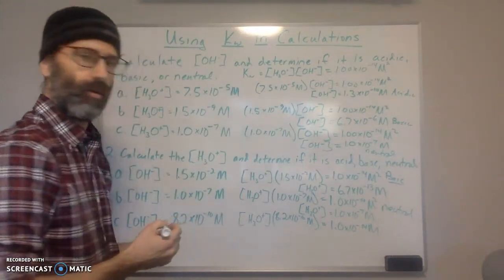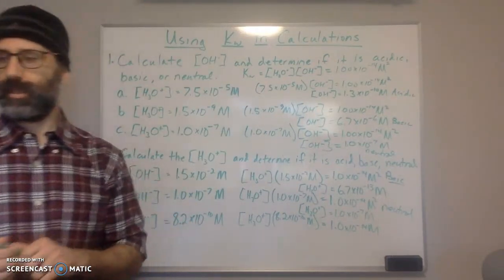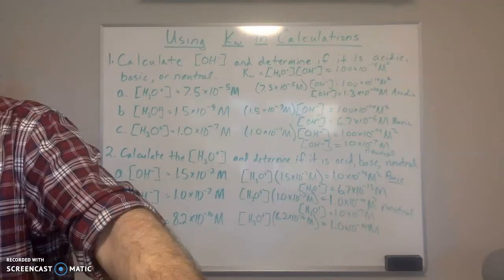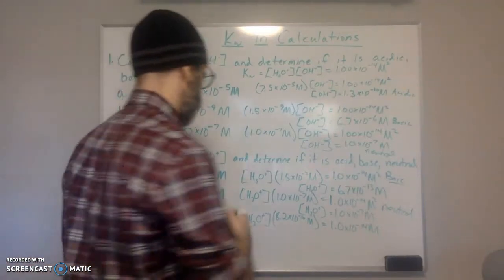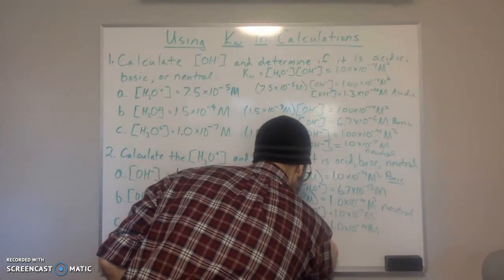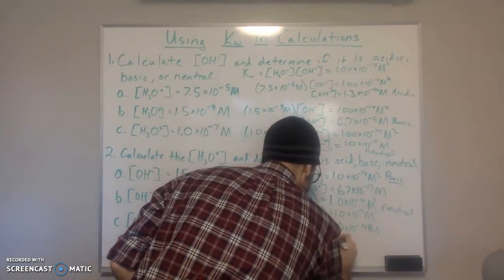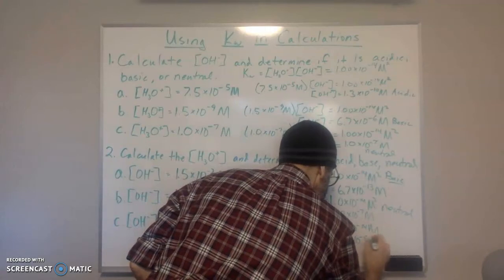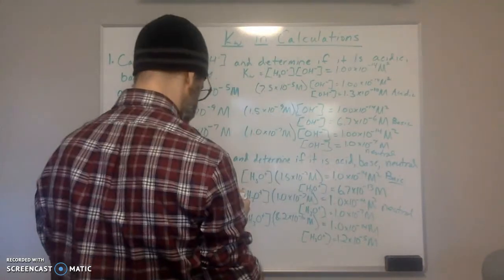And then solve for the H+ concentration. Okay, and that would be an H3O+ concentration of 1.2 times 10 to the negative 5 molar.